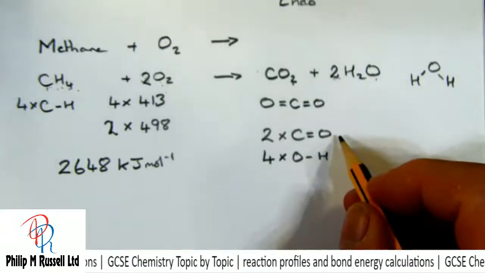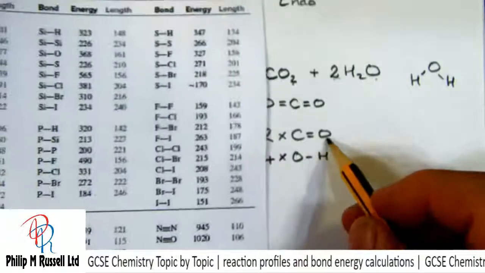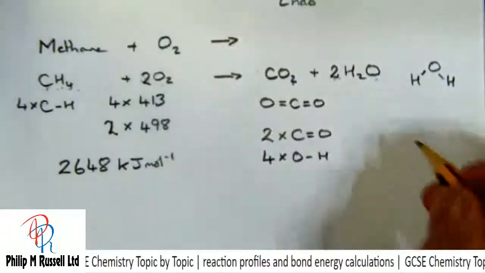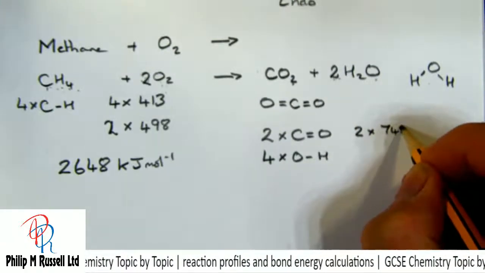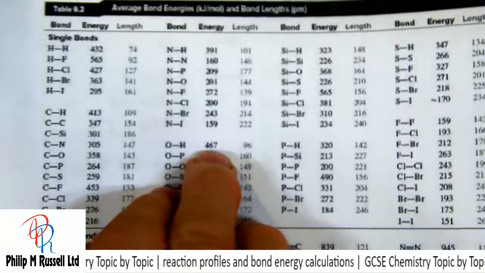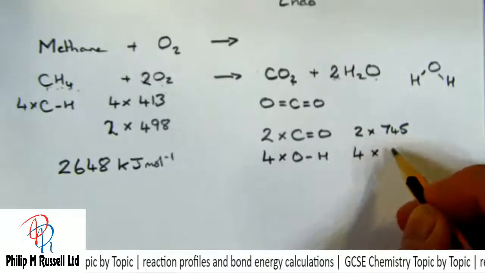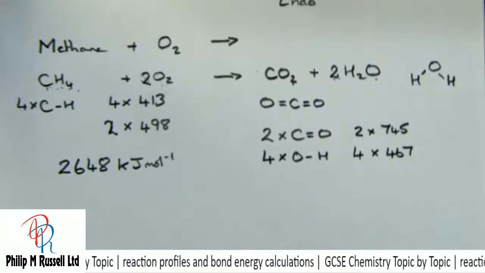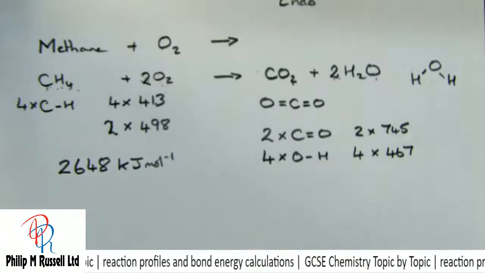Well, I've got to work out my carbon double bond, and that is 745. So I've got 2 times 745, and my OH is 467. So I've got my 4 times my 467. Let's work out how much energy we're going to get here.